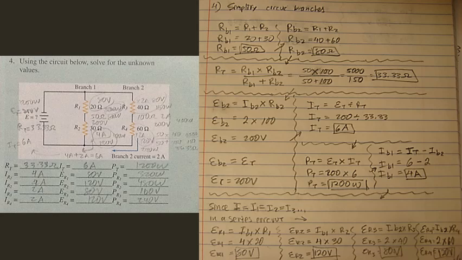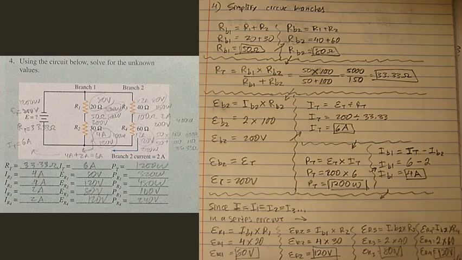The next step is to find our voltage drop at each branch. Since we have simplified each branch to one resistance value, we can simply use the Ohm's law formula, voltage equals current times resistance.